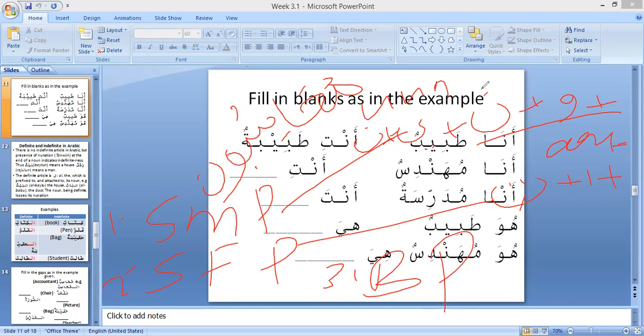Now let's see sound feminine plural. We said it's at, right? For example, tabiba, a female doctor. What is the dual of tabiba?